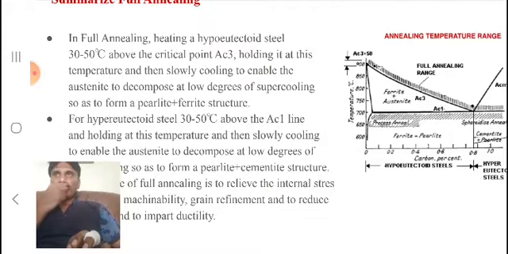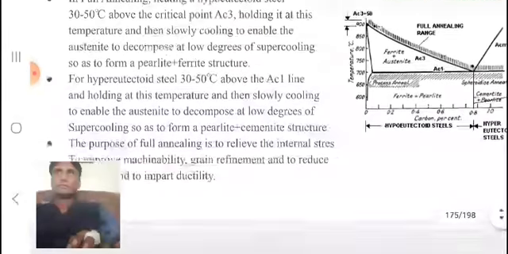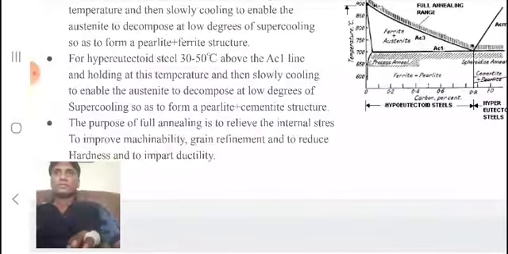So for hypereutectoid steels, what we get is cementite plus pearlite.